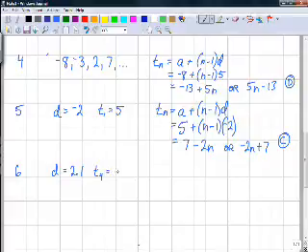Okay? I worked through the brackets and then I simplified all the like terms. Tn is negative 13 plus 5n, or maybe you want to write it as 5n minus 13. It doesn't matter. But that's answer D on your sheet.